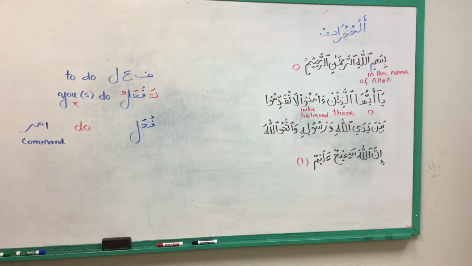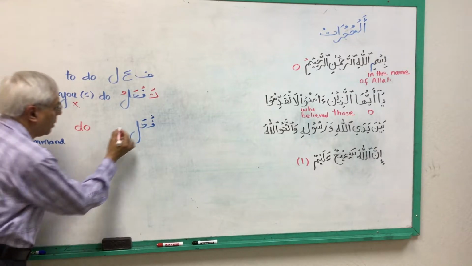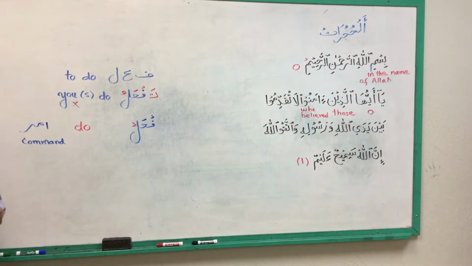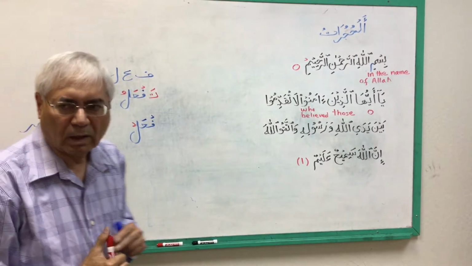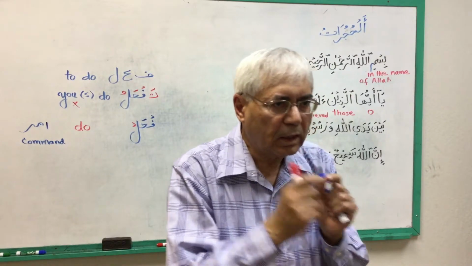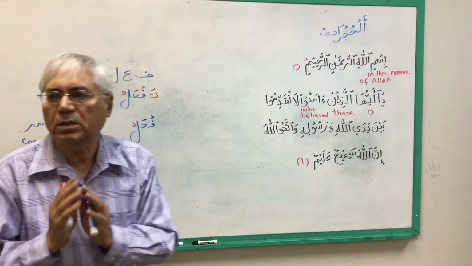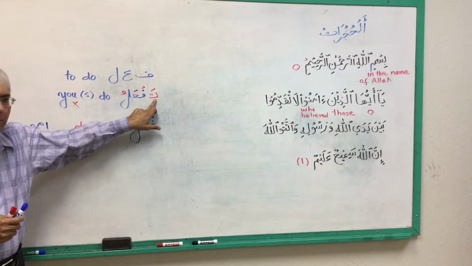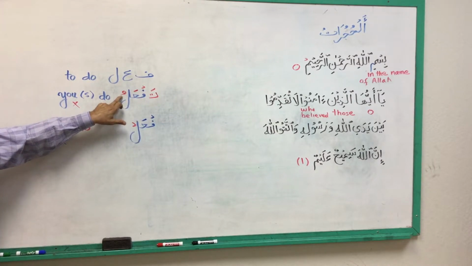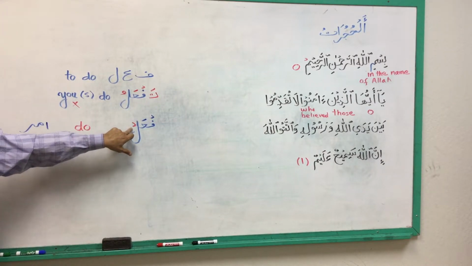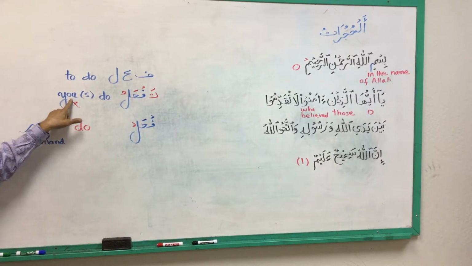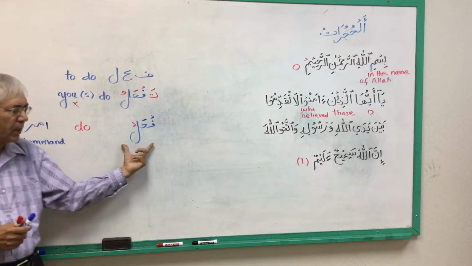So what we do now, to distinguish it, we change the last letter's dhamma to a jazm. You remove ta, and the last letter's dhamma changes to a sukoon. So that is the equivalent of removing you in English. So this is the command here.